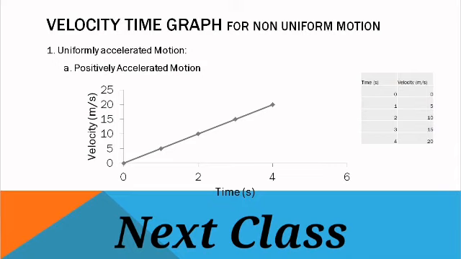And for uniformly accelerated motion also there are two different type of graph. One is for positively accelerated motion and one is for negatively accelerated motion. And how does it look like and how to find the distance from this velocity time graph, we will also learn about that in the next class.